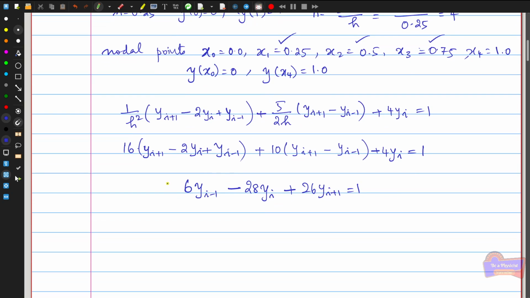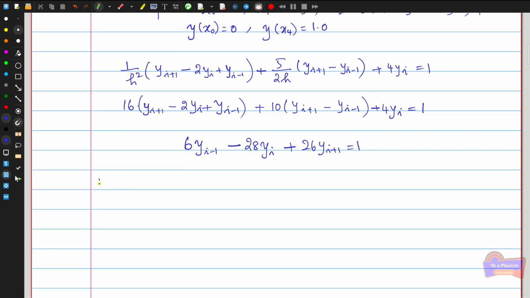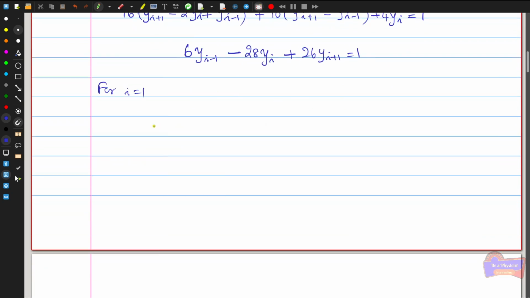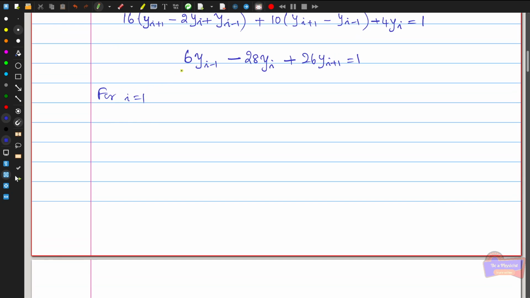So for i equal to 1, I substitute i equal to 1 into this equation. I get 6 times y0 minus 28 y1 plus 26 times y2, which is equal to 1.